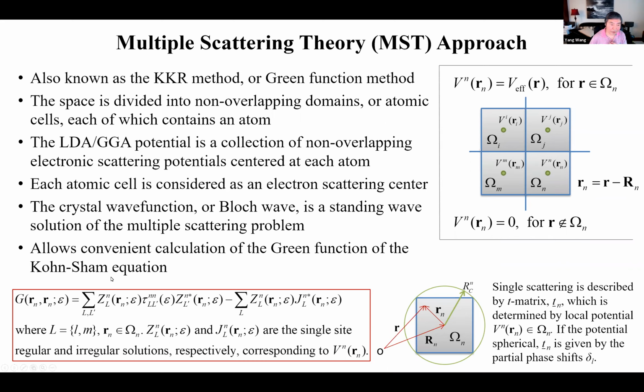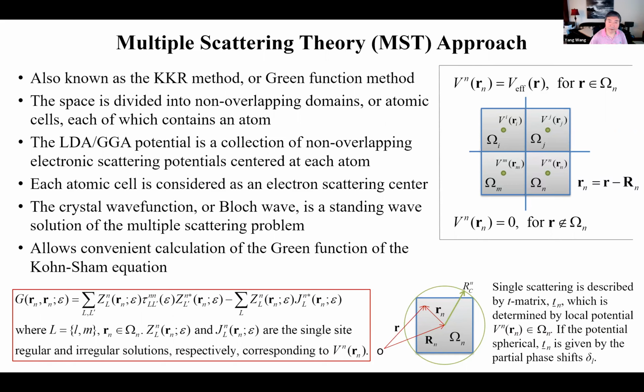So I just construct the Green's function this way. This is the exact solution for the Kohn-Sham equation. So tau represents the multiple scattering effect, while Z and J are the regular and irregular solutions for a single site problem. The crystal effect is built into this tau.